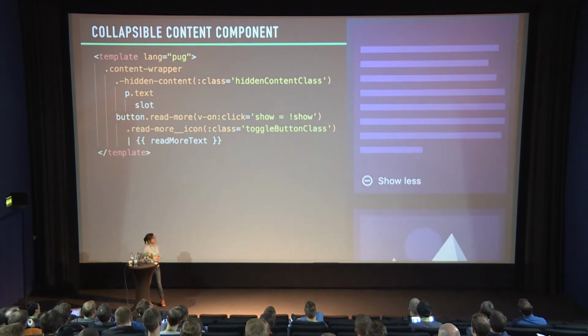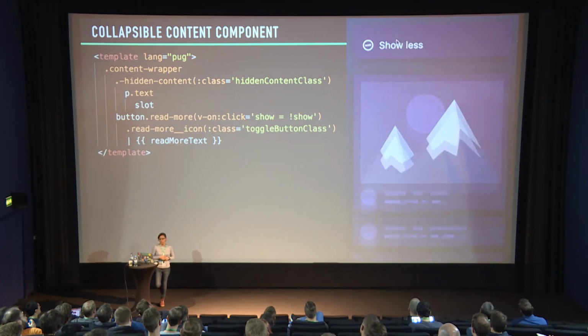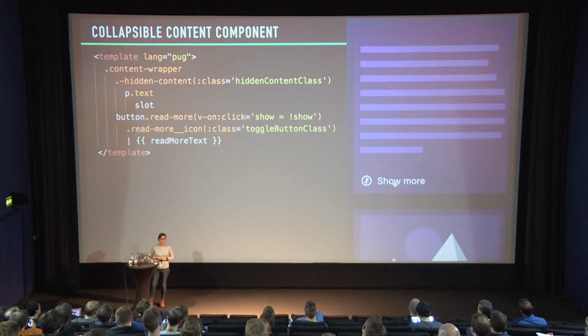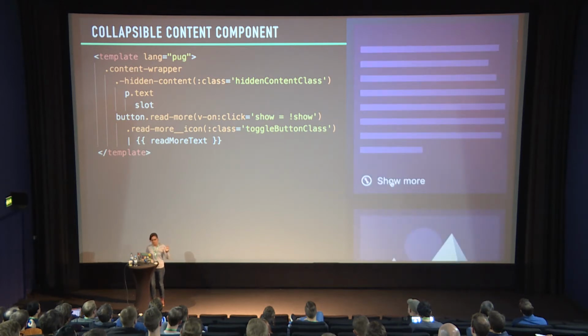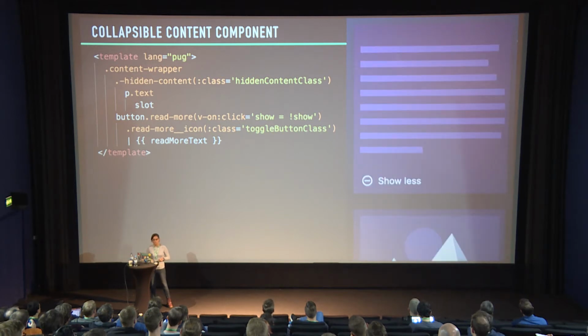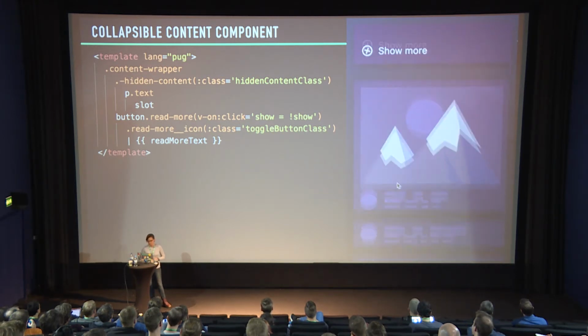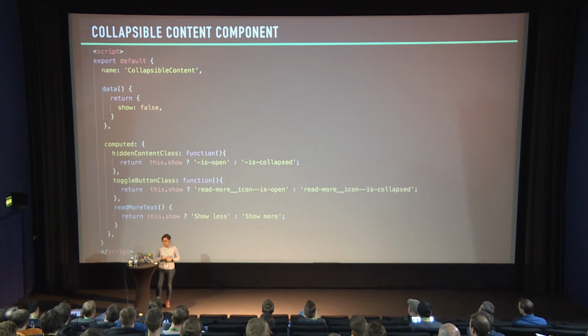Another example, you can have this collapsible content component for whatever information you want to display a little bit, and then you click on the button to read more, and you display the full content. So once again, we have one variable that defines everything, which is this show variable, and when I click on the button, we change it from false to true, and we use this variable to change the classes of the component.